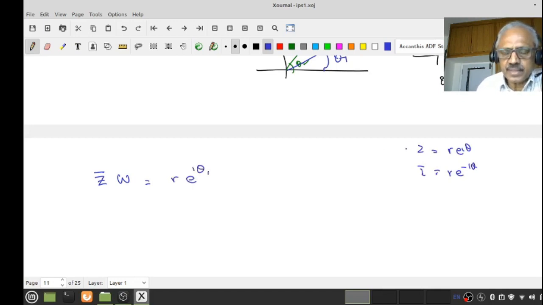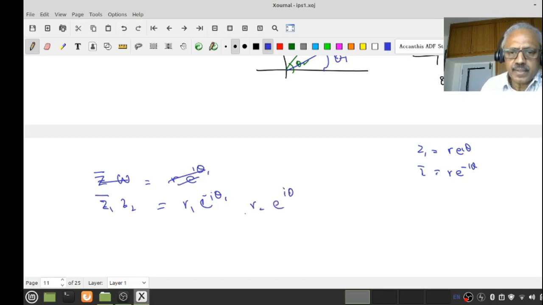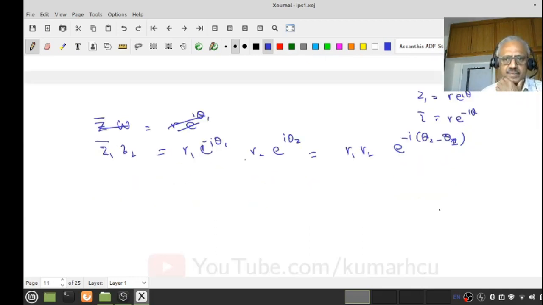Then z1 bar z2 is r1 e power minus i theta 1 into r2 e power i theta 2, that is r1 r2 e power i (theta 2 minus theta 1). Is that okay? Pause, review, proceed.